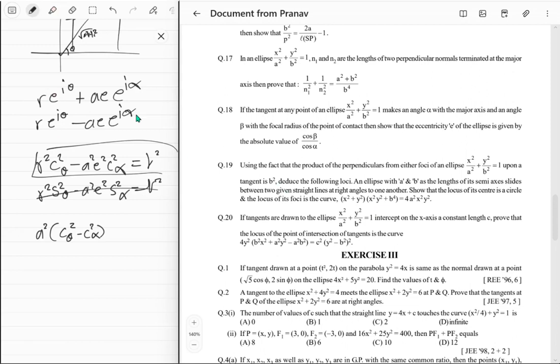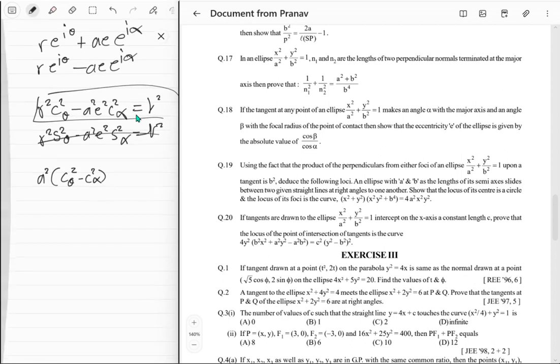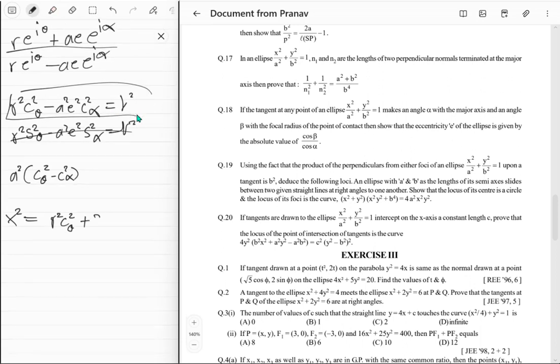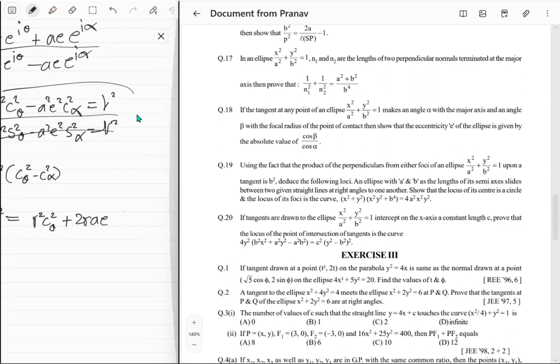Okay. Think about it. So for this, just have x squared equal to r squared cosine squared theta plus 2rae cosine theta cosine alpha, right? And then you got plus, or this might not even work. Still, just keep going. A squared e squared cosine squared alpha.